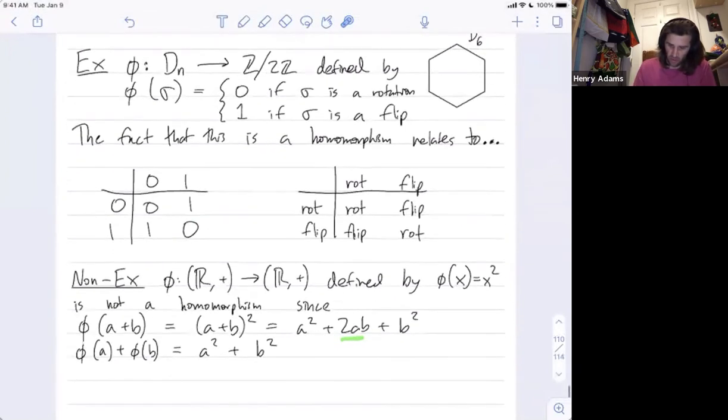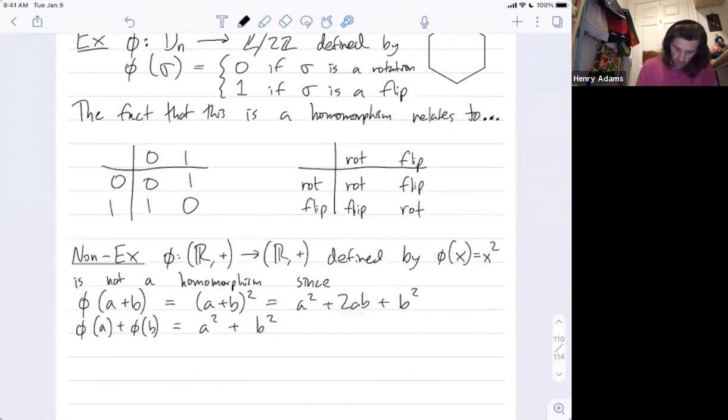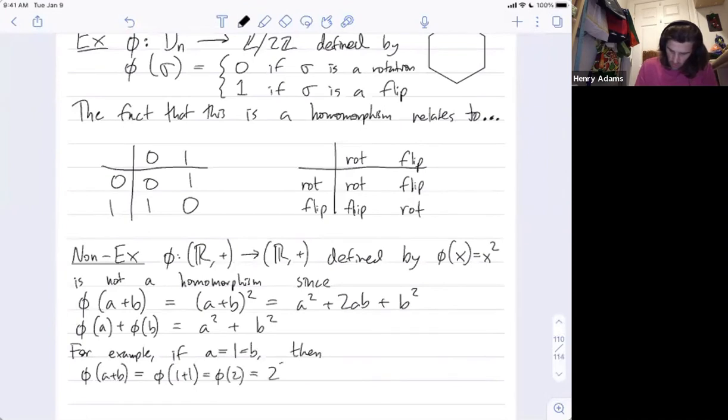So if I want to get more concrete, for example, let's just take a and b to each be 1. Then phi of a plus b is phi of 1 plus 1, or phi of 2, which is 2 squared, which is 4.